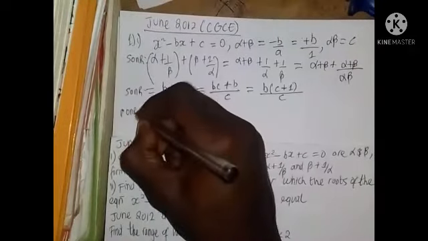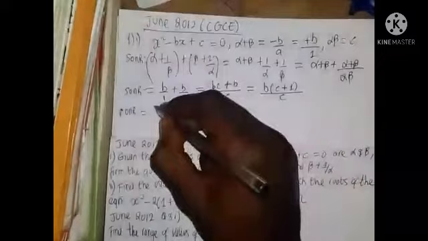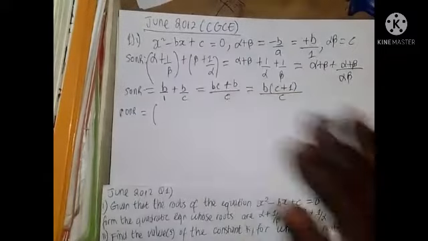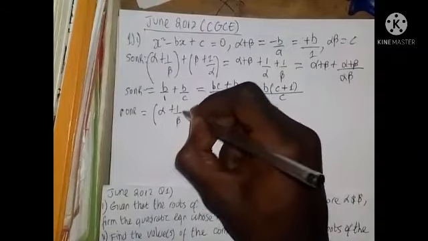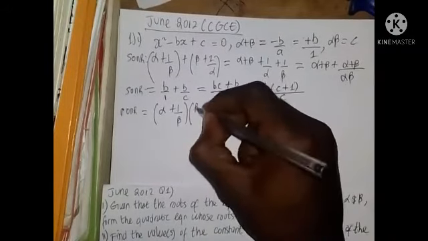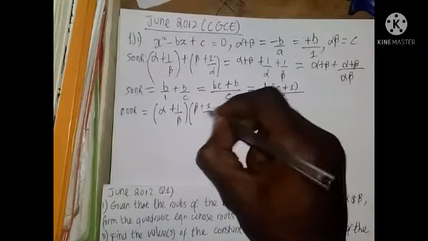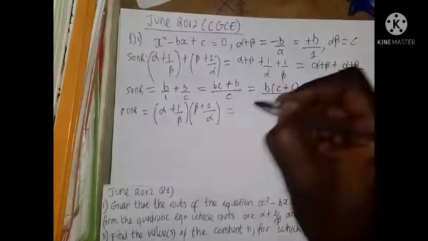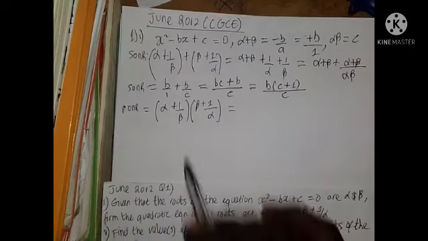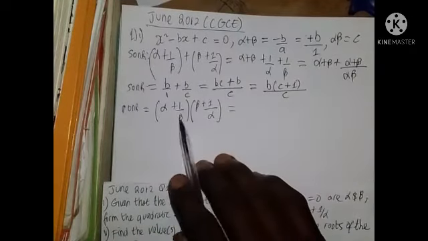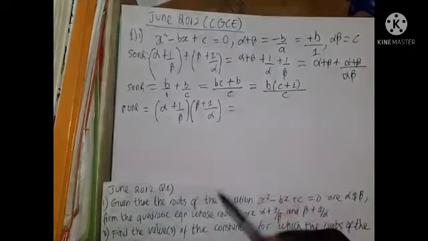Now for the product of new roots is going to be equal to alpha plus 1 on beta times beta plus 1 on alpha. Okay, now this one is multiplication, it is not division, so we need to open these brackets, multiply this by this and this, and then this and this and this, going gradually.